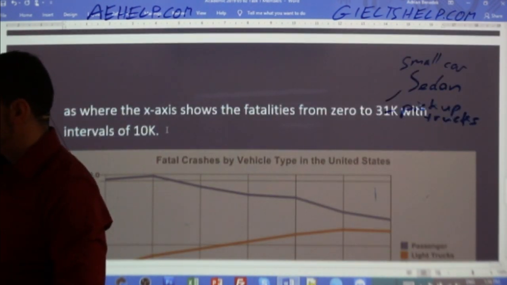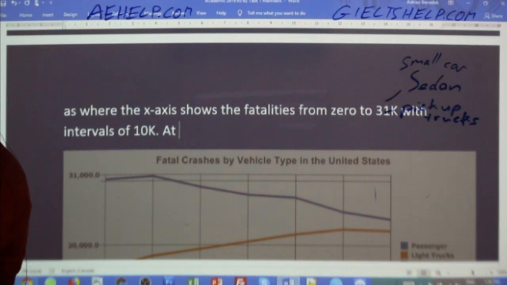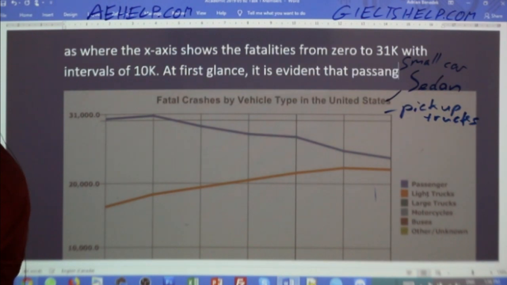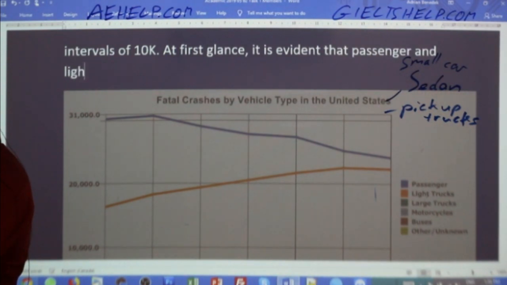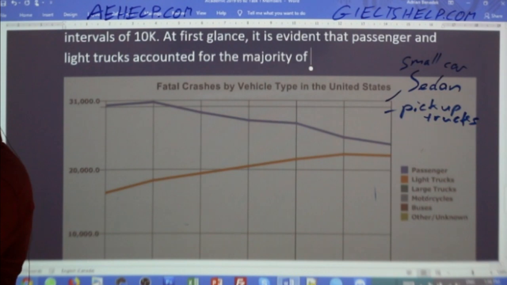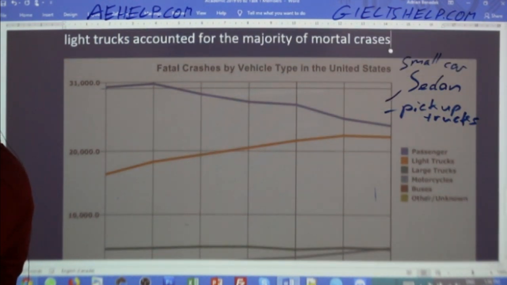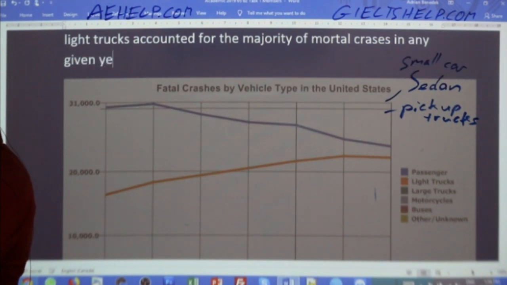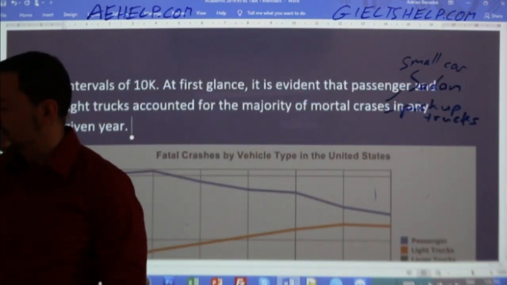Here we go. So at first glance, it really is at first glance, okay, so this is how I express that difference.